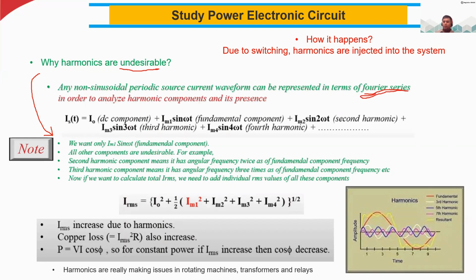Remember, we are going to represent the waveform in terms of a Fourier series in order to analyze the harmonic components and their presence. That is how we normally work in industry. When we have a problem, we express it in terms of mathematical formulas and equations, then analyze how to remove the unwanted things mathematically, and then implement it in practice, for example in filter circuits.